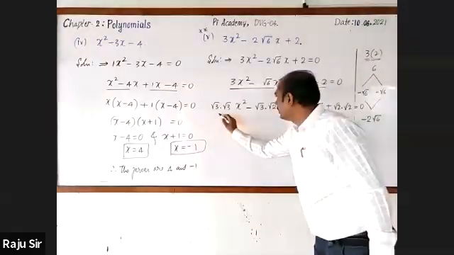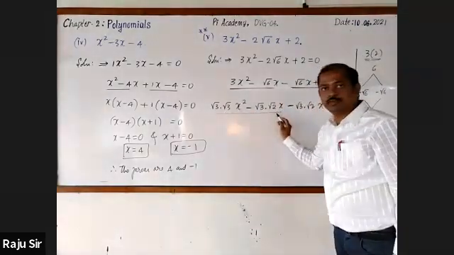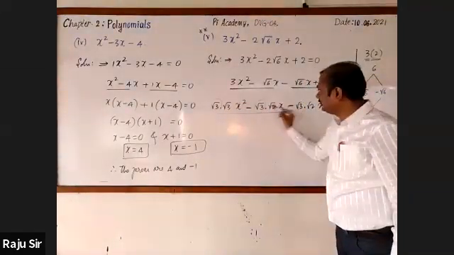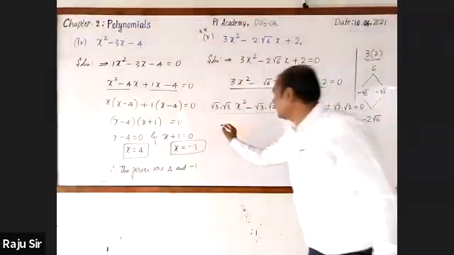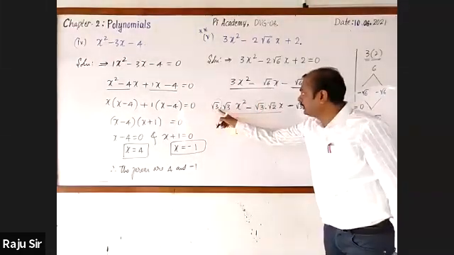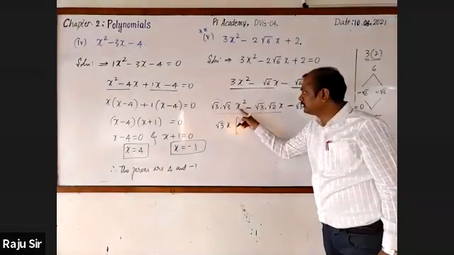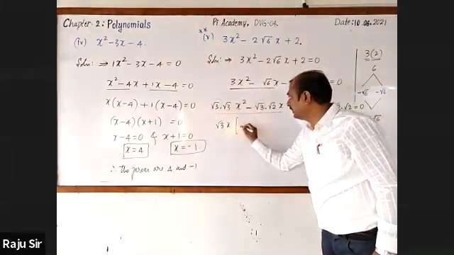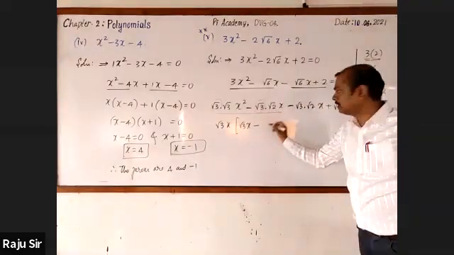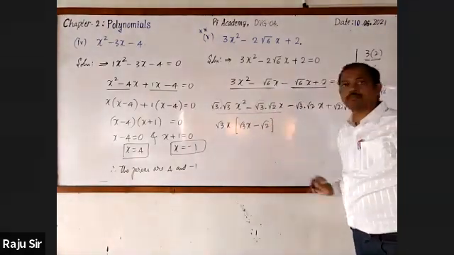Next, observe. In these two, root 3 is common. Not only that, even x also. So I write root 3 x as common factor. When you take out root 3x as common factor, you get remaining root 3 into x minus root 2.